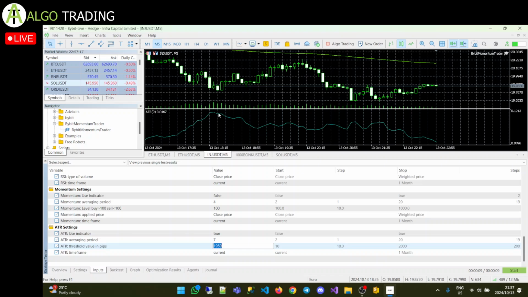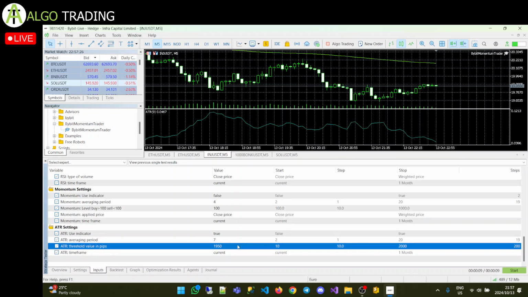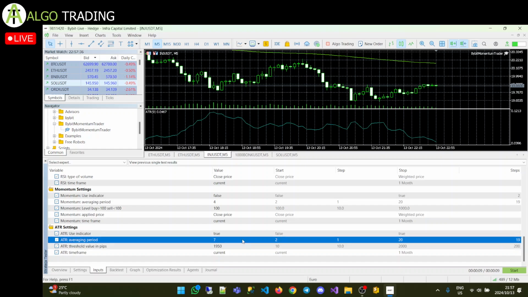You could say it's only moving 0.047467 points. But if you convert that to pips, it will be 1950. So that goes to 1950. It will satisfy the requirements for this to enter a trade.